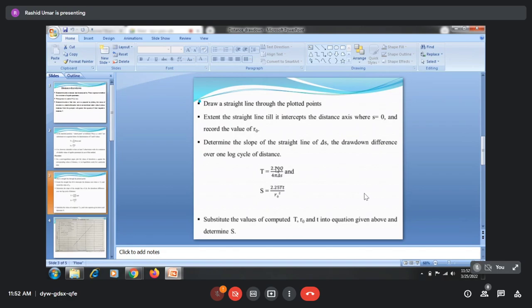So this was the last topic of your unit 1, and I have asked Dr. Isra to discuss Bolton's method with you. In the meantime, tomorrow I'll start the second unit, where I'll be talking about image well theory and determination of the distance of boundaries from the pumping well, and the impact of the boundary: at what time the boundary affects the time drawdown data.